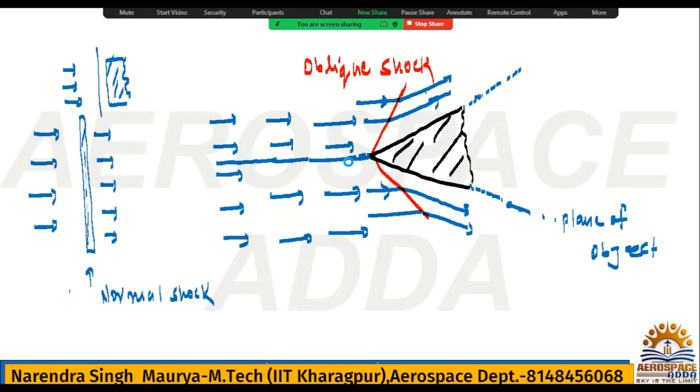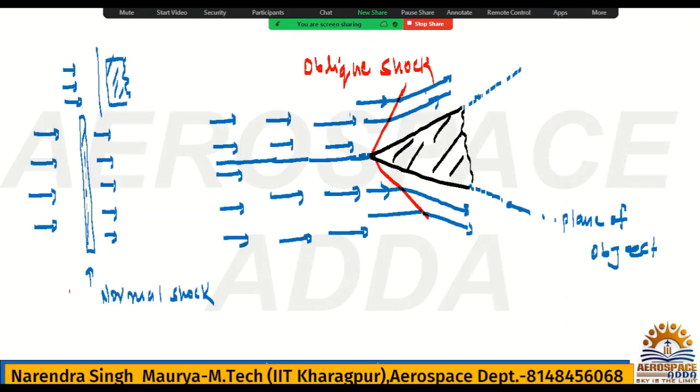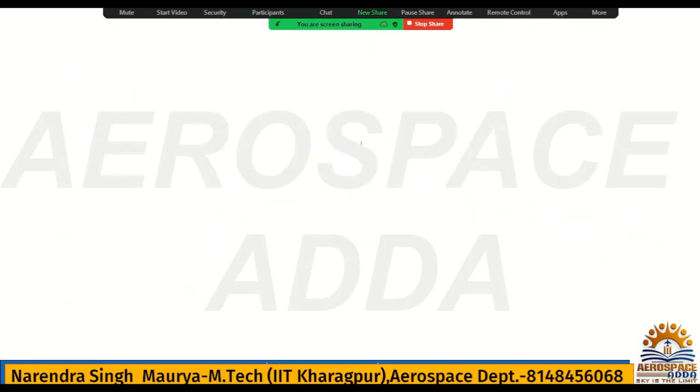Now I will draw another diagram. Suppose I draw the upper part of this object. Similarly, you can consider the downside also. I am drawing only the upper part so that it is easy for me to draw every time. So this is the upper part of the object. Because this is the solid surface, I am giving a hash line here.